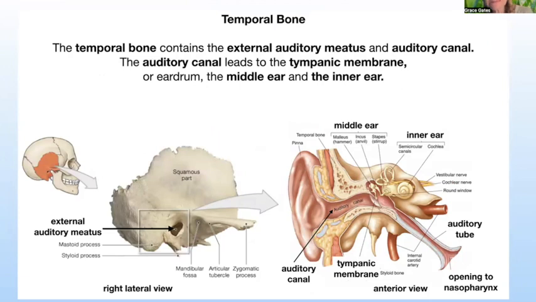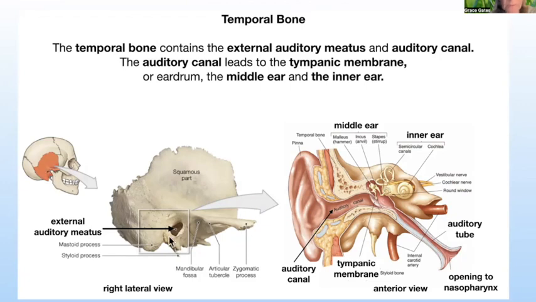The temporal bone contains the external auditory meatus and the auditory canal. The auditory canal leads from the external auditory meatus to the tympanic membrane or eardrum, and beyond the eardrum, the middle ear and the inner ear. And here in these pictures, we see the external auditory meatus in our cartoon. The temporal bones are on the side in orange.